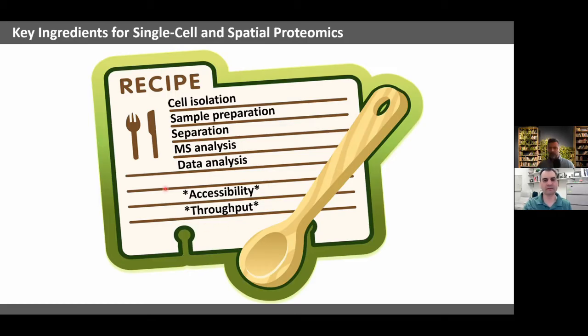And as we go through these steps, we also need to have an eye towards accessibility to get these techniques out to the community, and also trying to increase our sample measurement throughput using faster liquid chromatography, more efficient utilization of the mass spectrometer, and also multiplexing strategies like our previous speaker described, and what Nikolai Slavov will also be talking about, tandem mass tag multiplexing.